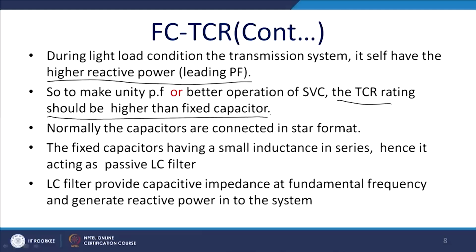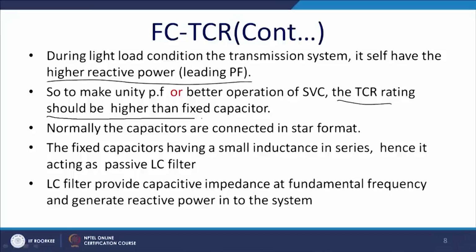So, to make the unity power factor operation of the SVC, the TCR rating should be higher than the capacitor, because as I was saying, 0.4 is required to be compensated. Since this capacitor is placed and the power factor is close to unity, it will be again leading. So, the power rating of this TCR has to be very high.